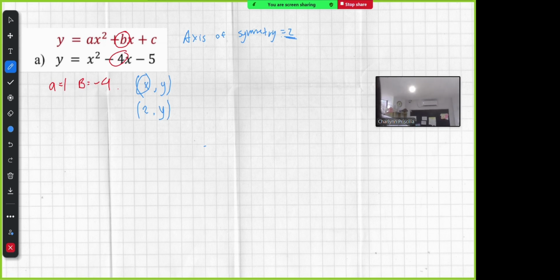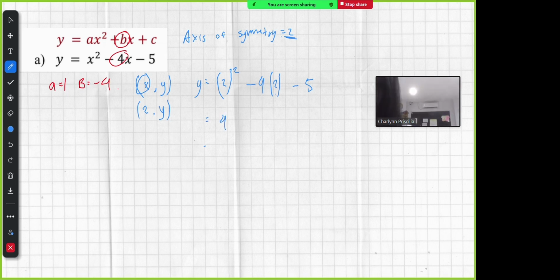To find the y, we will have to solve it like this: y equals 2 squared minus 4 bracket 2 minus 5, because the axis of symmetry is 2, and we just solve it like this.